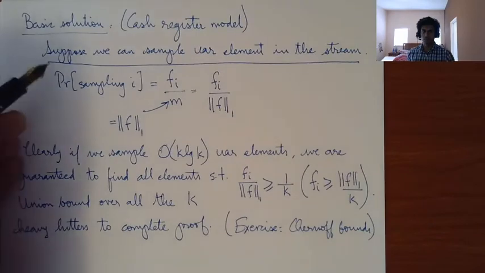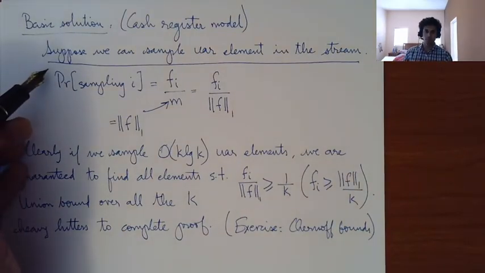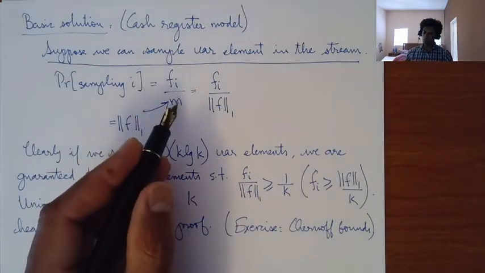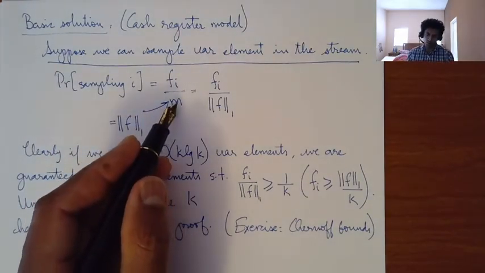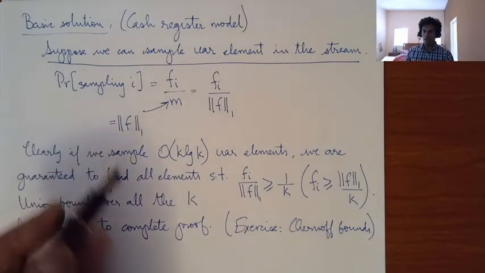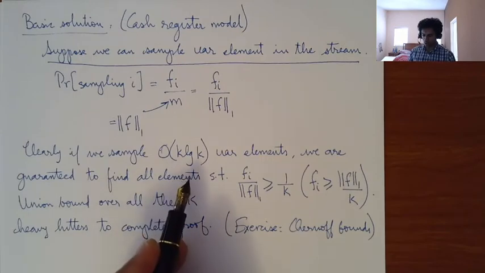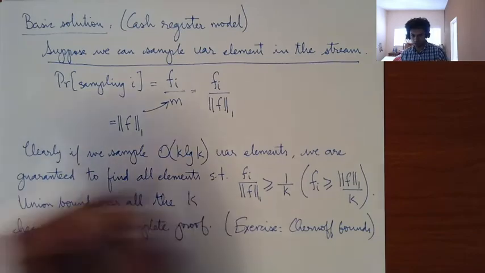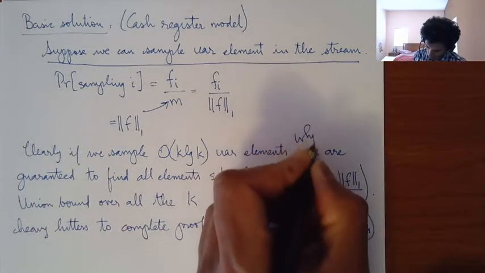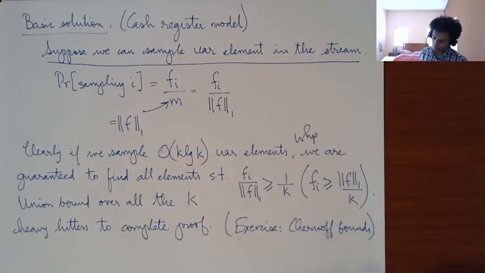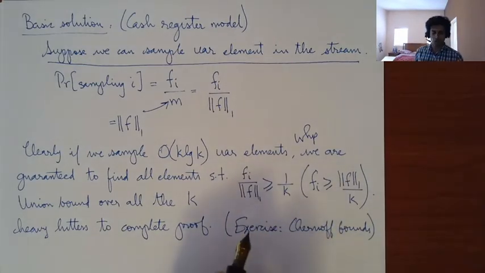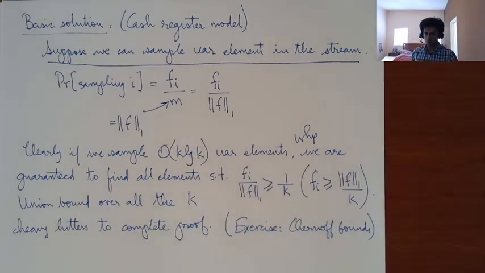So if you can sample a uniform at random element in the stream, then the probability of sampling I should be basically proportional to the frequency of I. And if one can do this, then one samples k log k elements. We are guaranteed, with high probability, to find all elements. So you have to do a Chernoff bound for each heavy hitter and then a union bound over all of them to complete the proof.